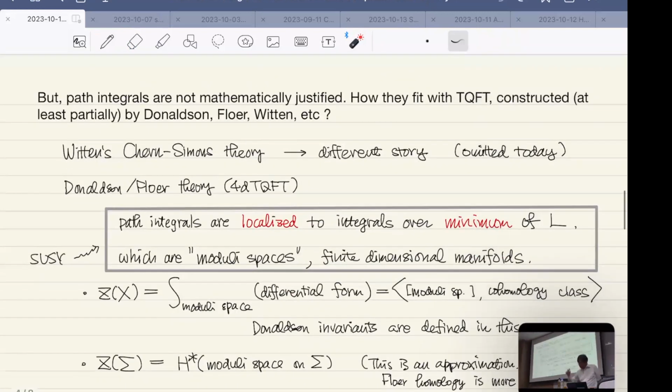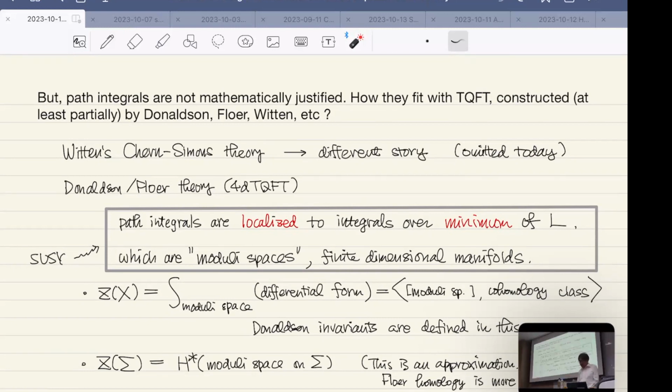In quantum field theory, Atiyah and Segal originally introduced this concept because they had some concrete examples of topological quantum field theory, which were at least partially mathematically rigorously defined. Partially means that you usually need to drop some assumptions. This is a delicate matter which I will not explain. But anyway, there are examples of topological quantum field theory constructed earlier by Donaldson, Floer, Witten and others.